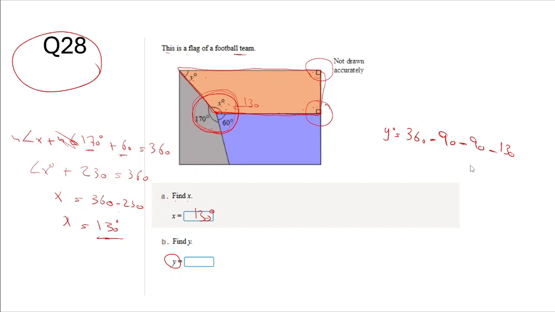So that means y will be equal to 360 minus 180, and 180 minus 130, so it will be 310. So y would be equal to 50. So the answer here would be 50.